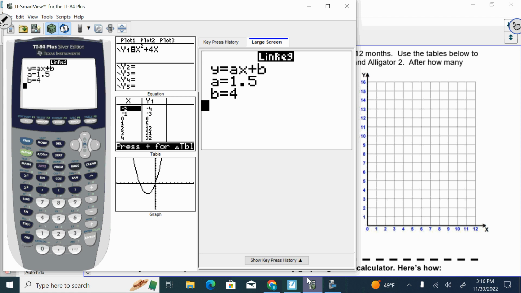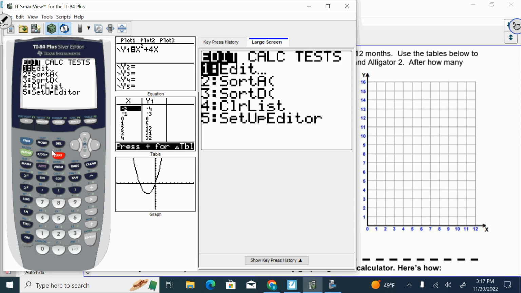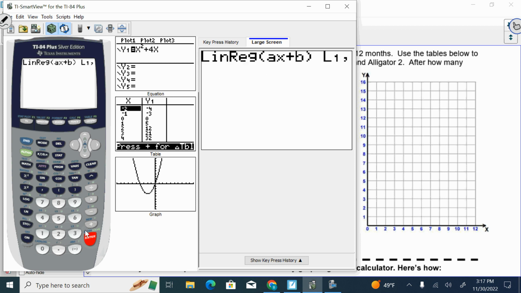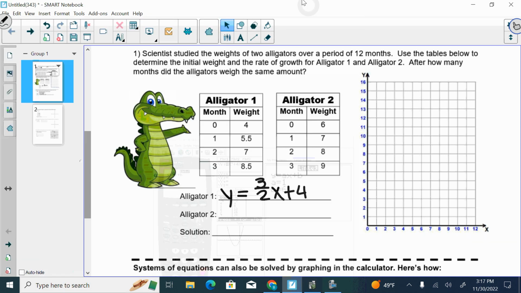So I go back to stat, and I need to change out the weights for alligator 2. So the weight for alligator 2 is 6, 7, 8, and 9. And what's the equation for alligator 2 going to be? 1x plus 6. Very good. So we have y is equal to 1x plus 6.